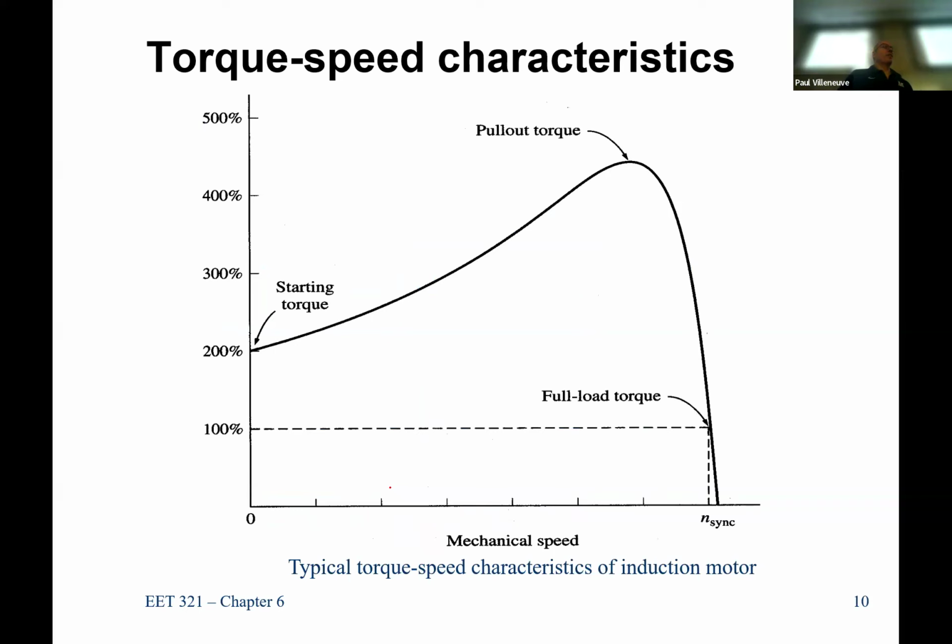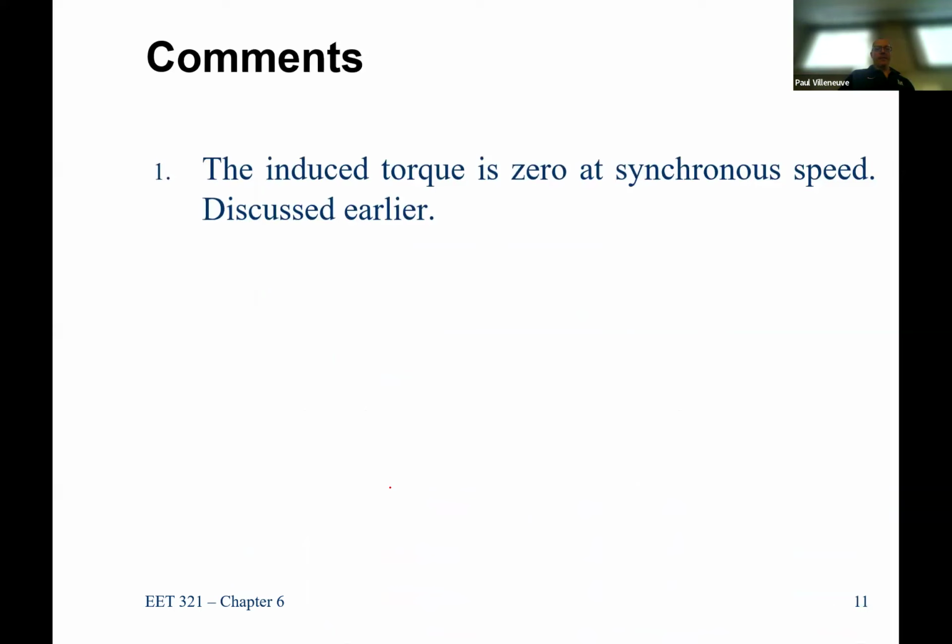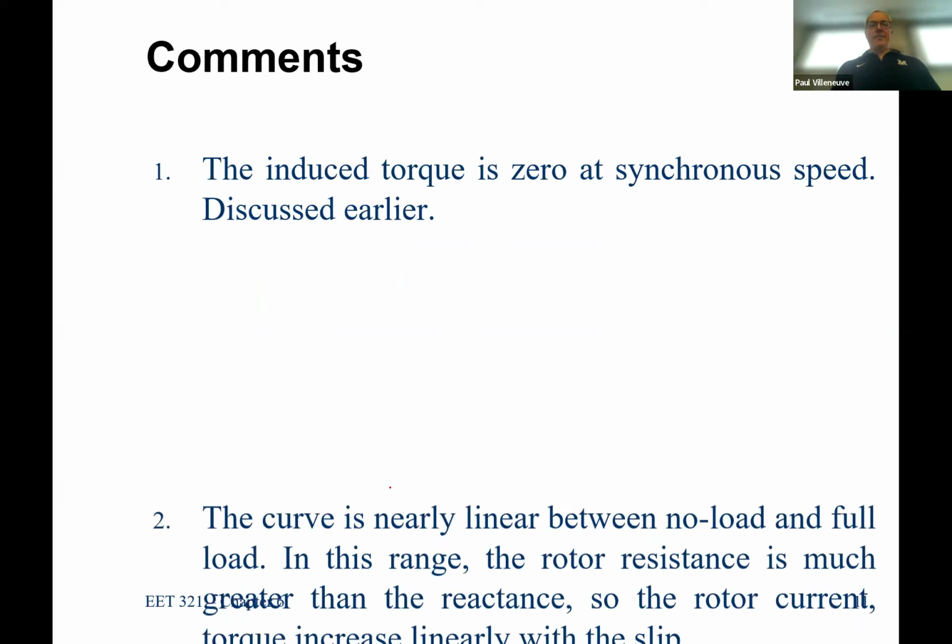And that's how I get this curve. That's how this curve is built. It's literally built using those equivalent circuits. So the induced torque is 0 at synchronous speed. Why is it 0? Because there's no rotating magnetic field. There's no current induced.